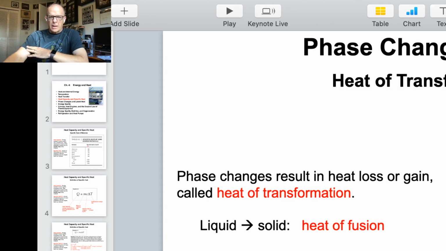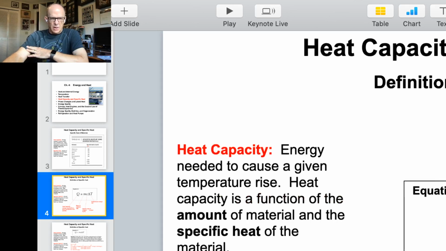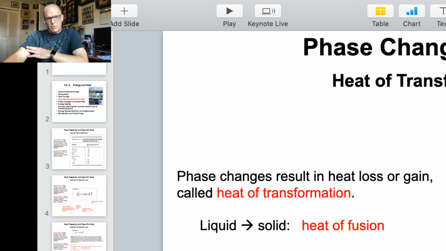As I put energy into a substance, the temperature increases. That's what is explained in this equation here. Put energy in, Q, I get a delta T out. That's as long as there's no phase change. But if I reach the melting point or the evaporation point, then you'll notice that this line for temperature becomes horizontal.